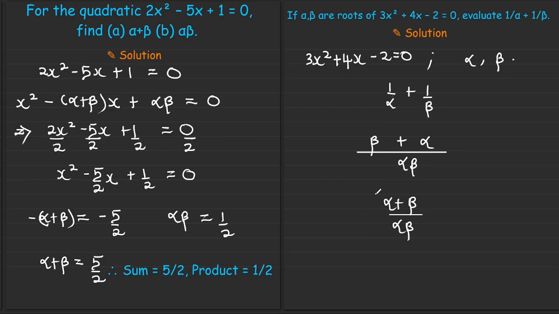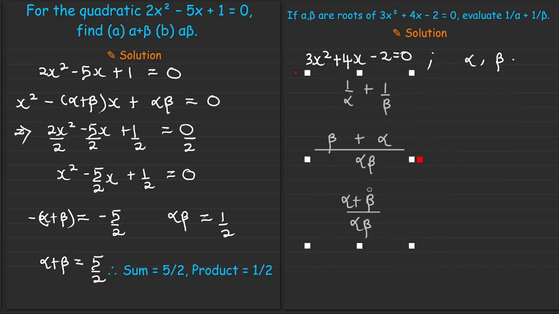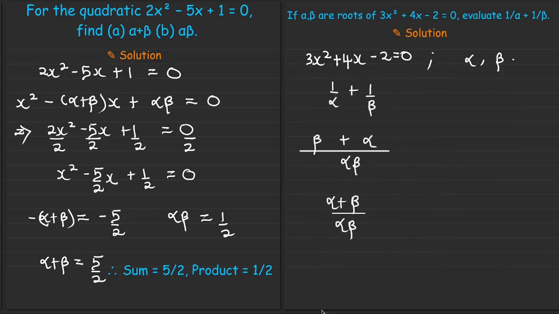It appears we can even use the sum of roots over the product of roots. So all we need now is the sum of the roots and the product of the roots. Our equation was 3x squared plus 4x minus 2 equals 0. If we want to compare this, the coefficient of x squared has to be 1.